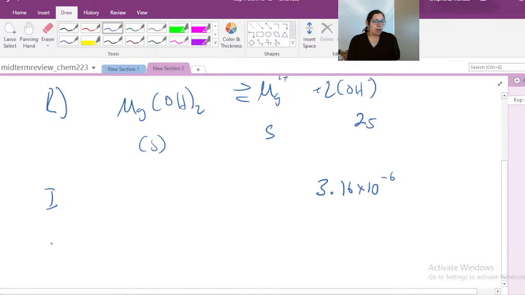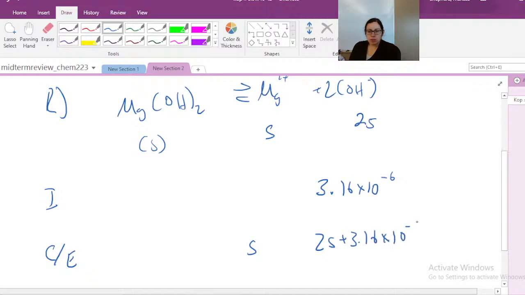And then our equilibrium change position. This will still be S, but then our hydroxide will be 2S plus our initial concentration. And now you can see where this is going.